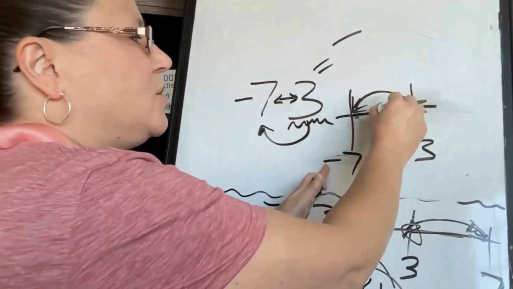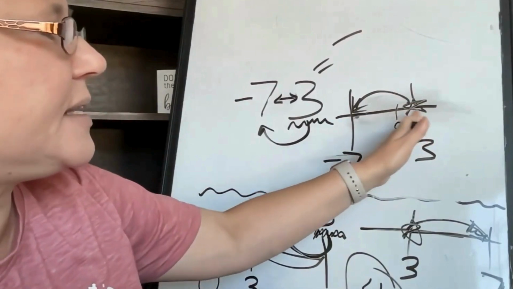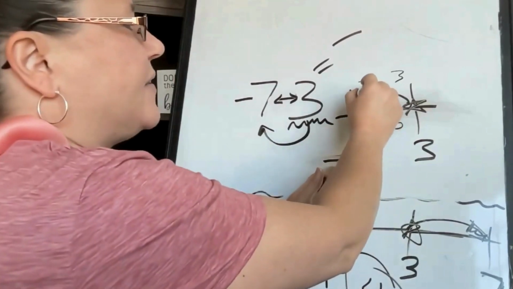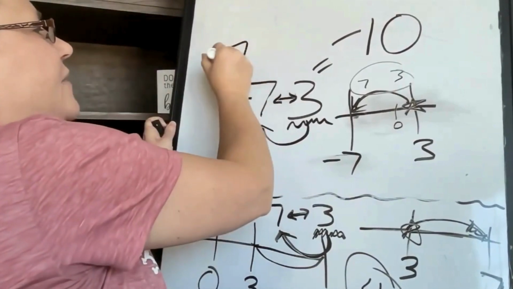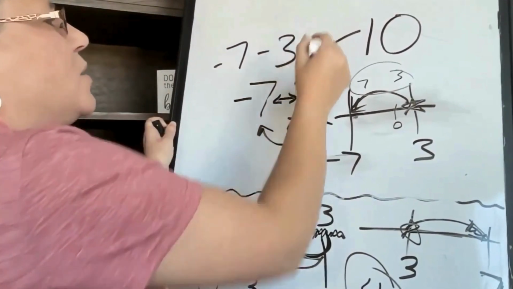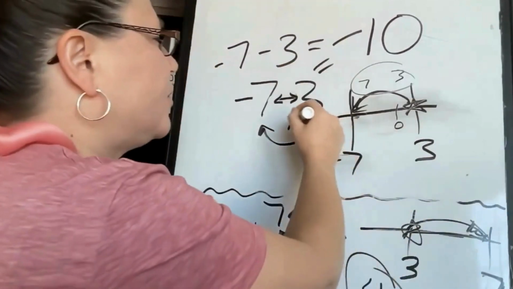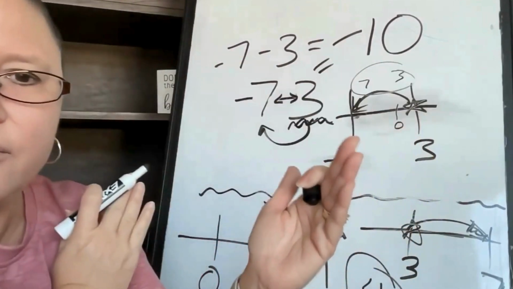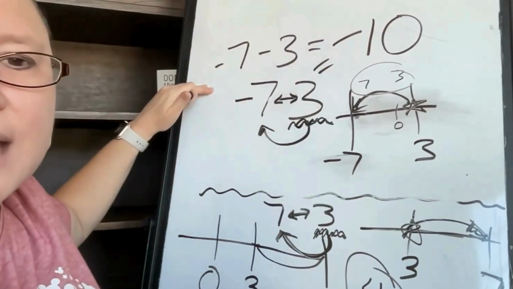Oh, but guess what? We can use that 0 that you're so adamant we have to use all the time. The distance from 3 to 0 is 3. And then the distance from 0 to negative 7 is 7. The distance is 10. So negative 7 minus 3 equals negative 10 because the distance from positive 3 to negative 7 is 10 and we went left. The negative means we went left. The answer to this is negative 10.